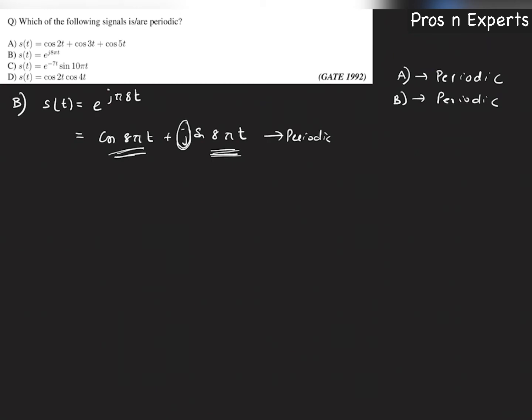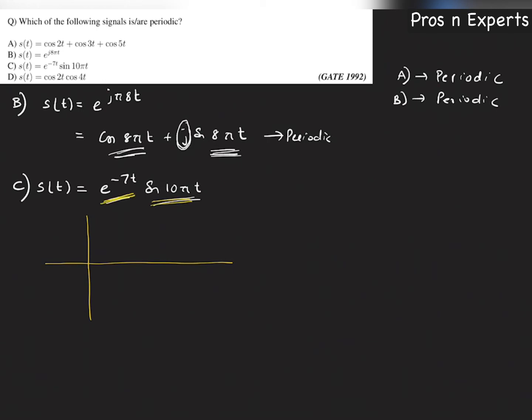Now, let's think about C. Option C, S of t equal to e raised to minus 7t sine 10 pi t. So how can you represent the signal? This is a multiplication of a real exponential signal and a sinusoidal signal. This signal can be plotted as a sine wave multiplied by an exponential.